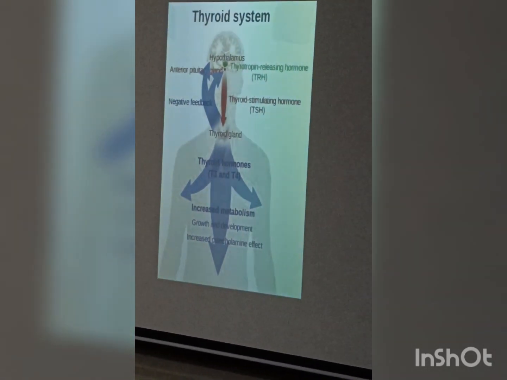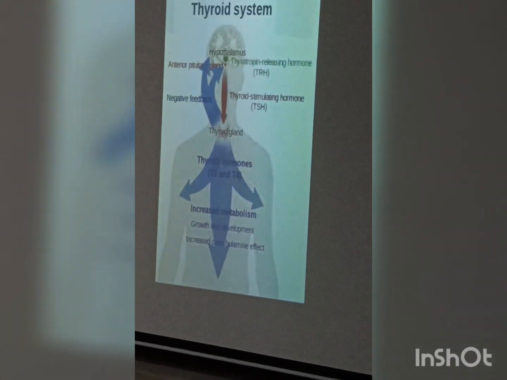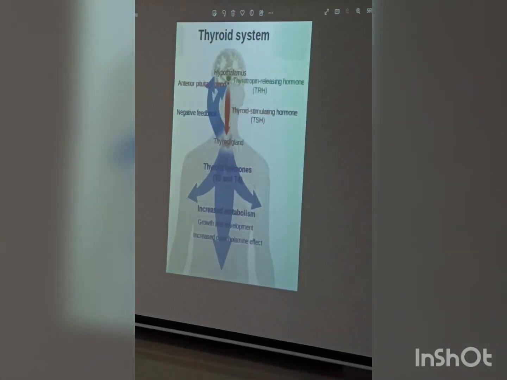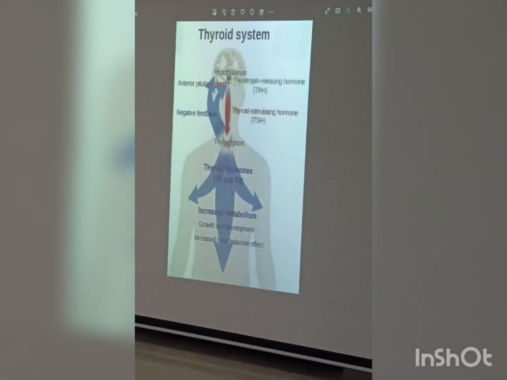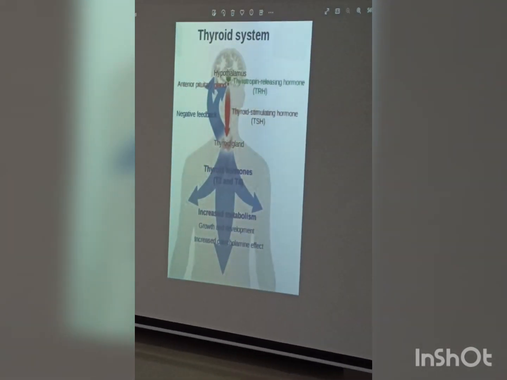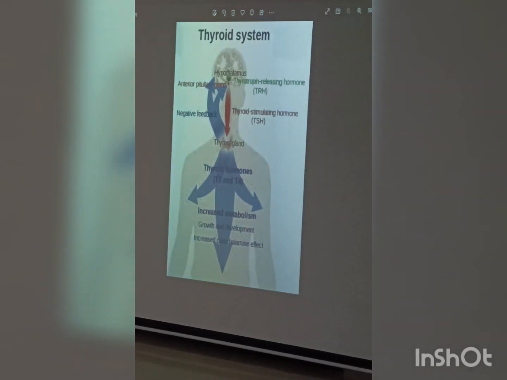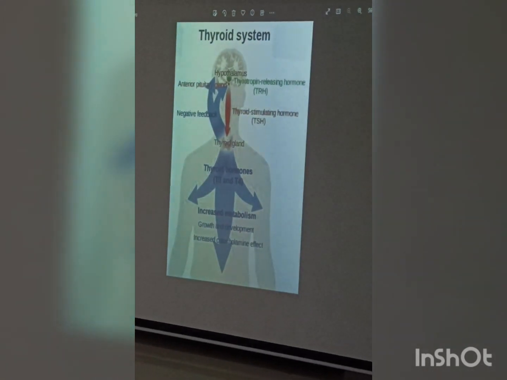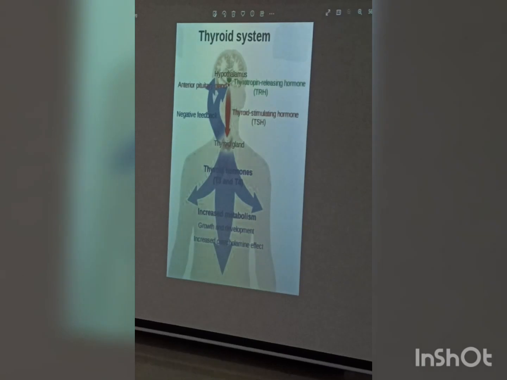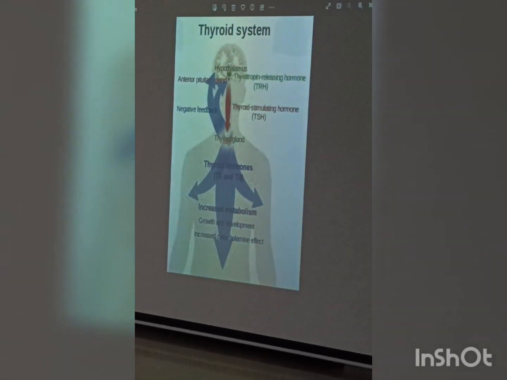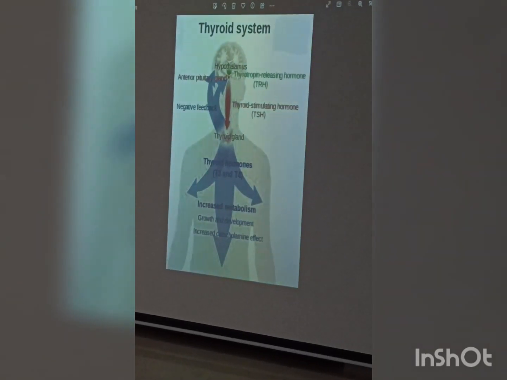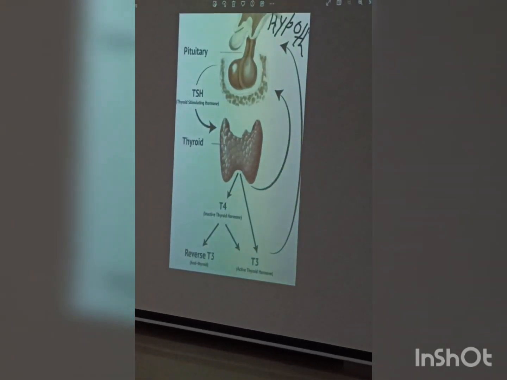They produce T3 and T4, causing increased metabolism. Growth and development are there, and the catecholamine effect is also there, which we see in hyperthyroidism. The patient is nervous and aggressive, but in hypothyroidism, the patient could be obese with coarse skin and cold intolerance. These are the features. Both sets of features are contradictory.